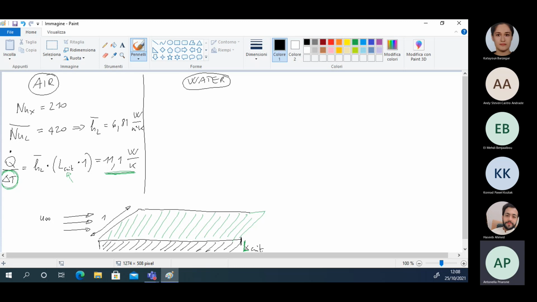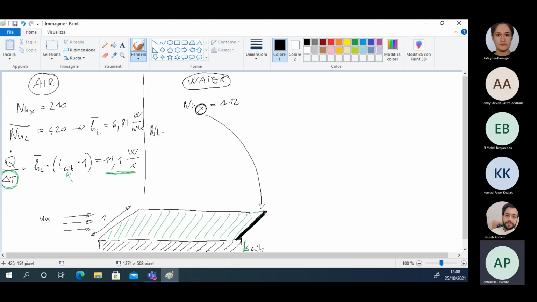For water, using the previously specified correlation, I have the Nusselt local value at the end of the plate. So when I refer to local value X, I refer to the final point, the Nusselt number at the end of the laminar zone for the critical point, and I obtain 420.